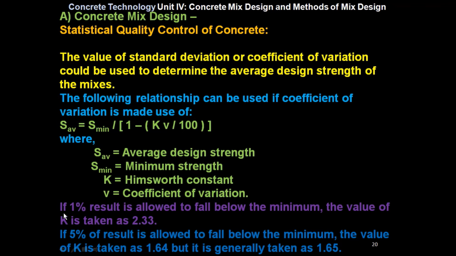If 1% result is allowed to fall below the minimum, the value of K is taken as 2.33. If 5% of the result is allowed to fall below the minimum, the value of K is taken as 1.64, but it is generally taken as 1.65.